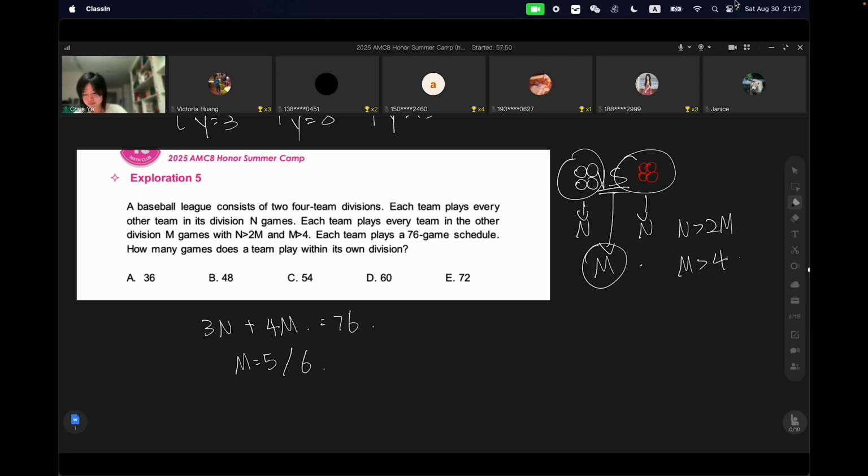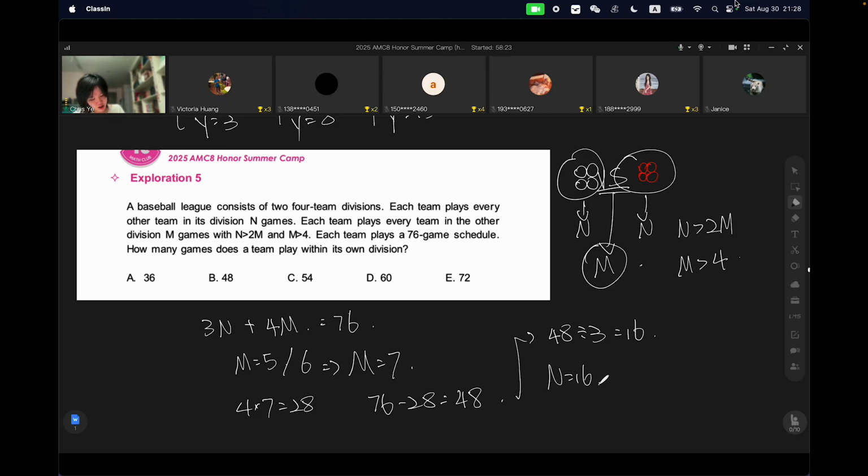If we find that m is equal to 7, then this does work, because 4 times 7 equals 28, and 76 minus 28 would be 48. And 48 is divisible by 3. 48 divided by 3 would be 16. So n equals 16 and m equals 7.